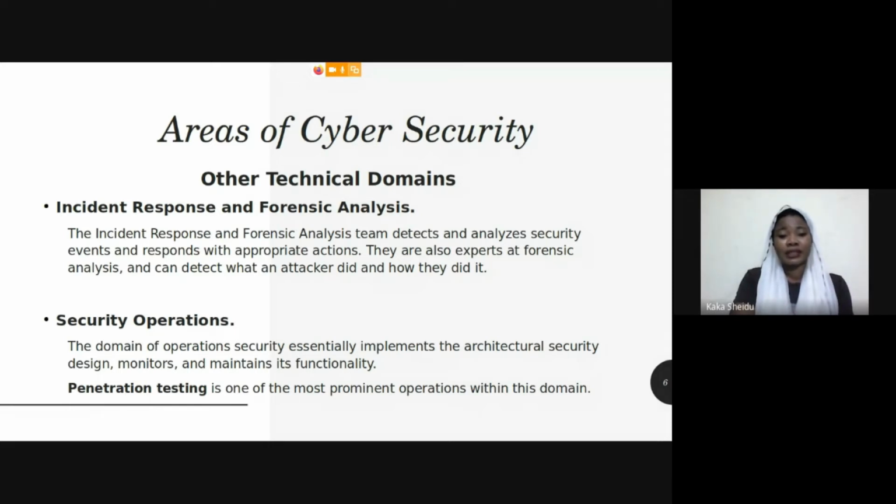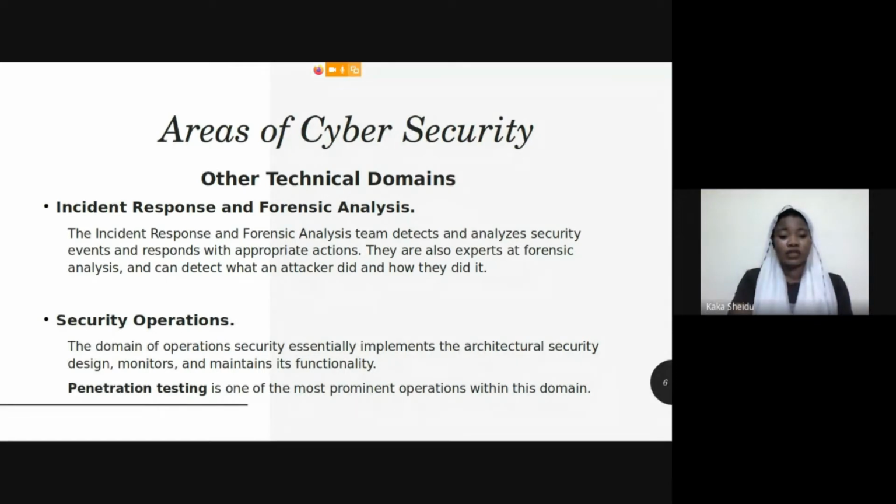Basically, this team detects and analyzes security events and takes appropriate action, and with the incorporation of forensic analysis, you are able to analyze the data gotten from an incident in order to find out the cause, how to remediate, and how to stop it from reoccurring in the future.